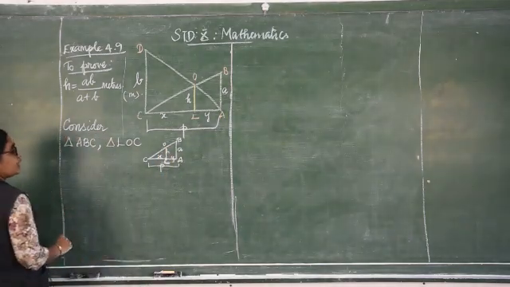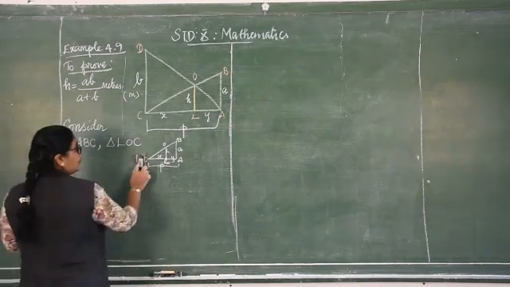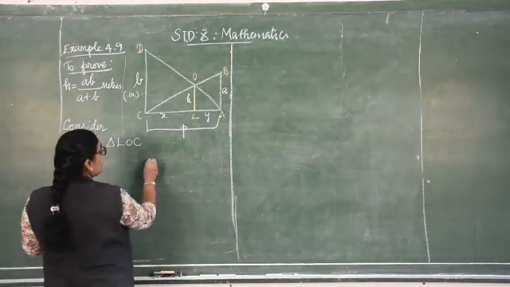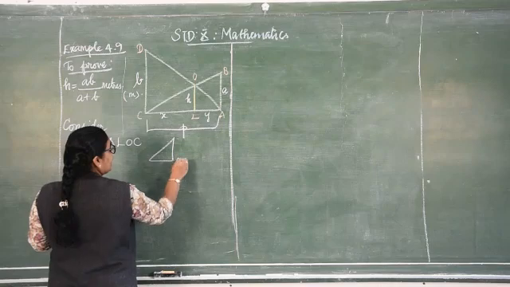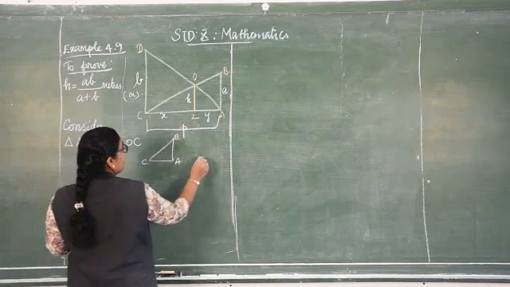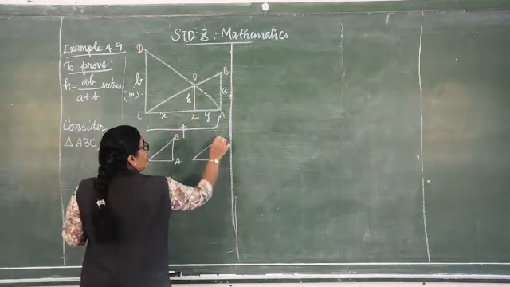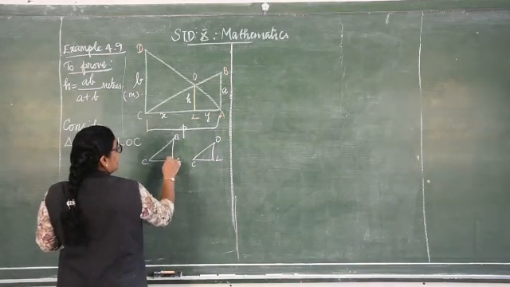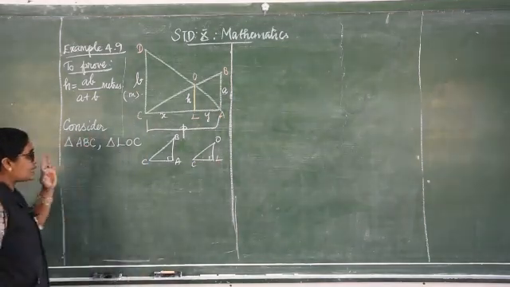Now with this triangle, no need to write the values now. We will be writing A, B, C and O, L, C. This is 90 degrees, and we know the pole will be standing erect.